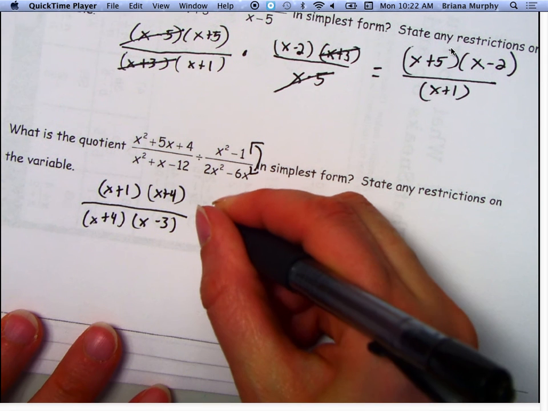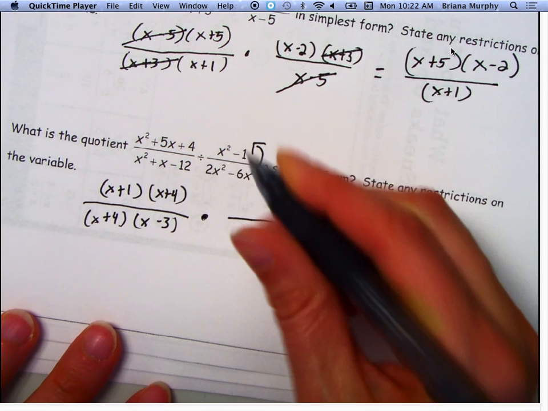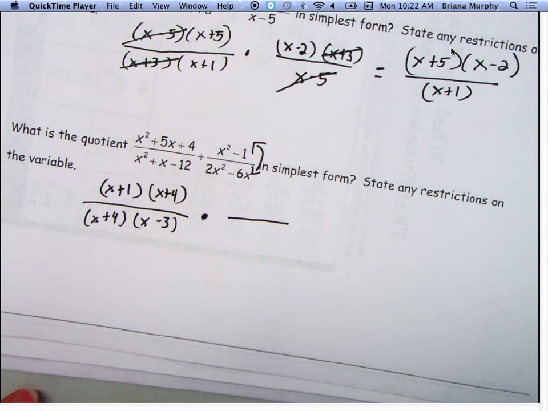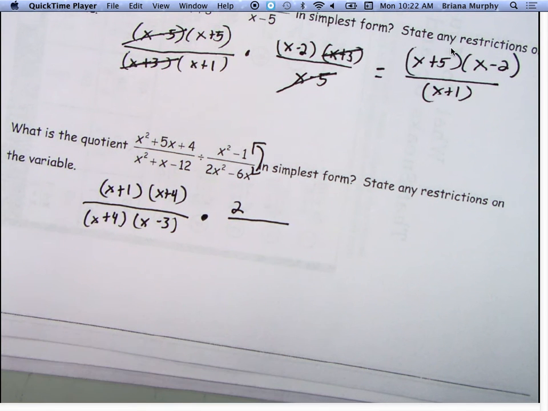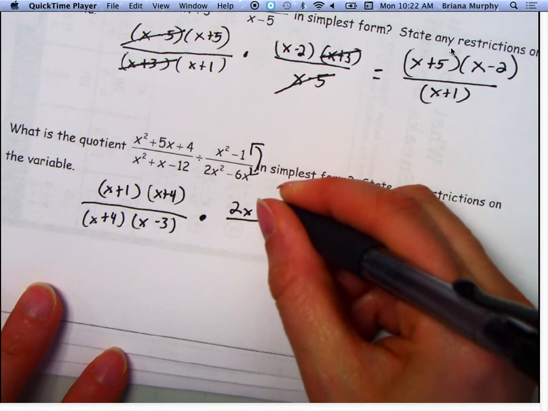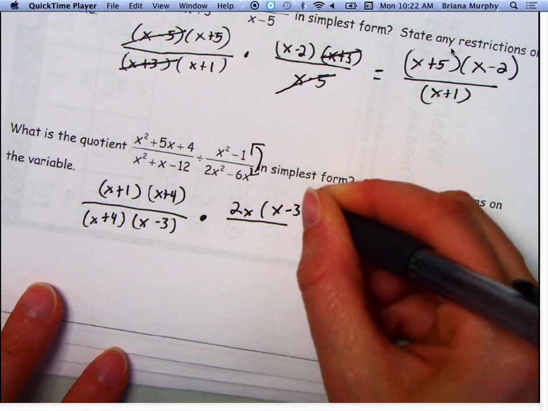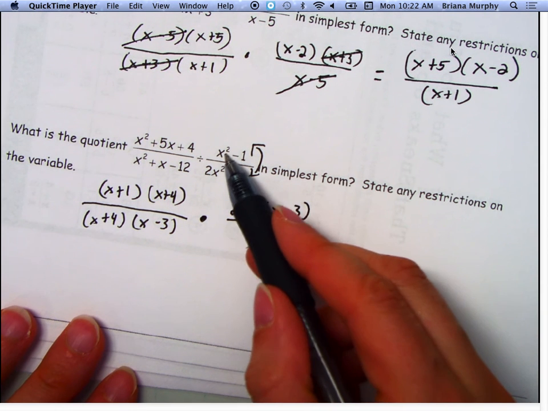All right, now remember I'm going to put times, but I'm going to put the bottom on the top. 2x squared minus 6x. What is that going to be? What can I pull out of both of those? 2. 2 and what else can I pull out? An x. So I'm left with x minus 3. Okay, and we've got x squared minus 1.